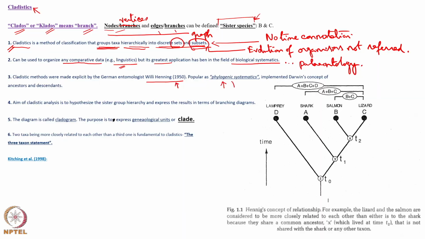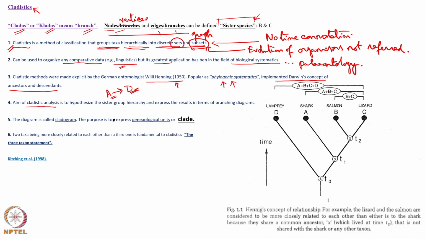Hennig's approach was to implement Darwin's concept of ancestors and descendants. Darwin provided the theory that from ancestor the descendants have come, from ancestor plants to descendant plants, and from ancestor animals to the descendant animals.